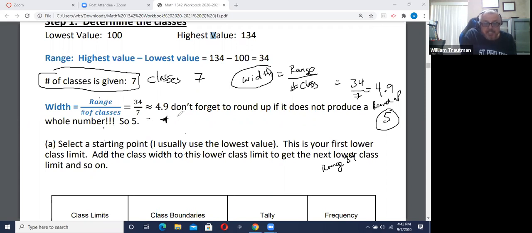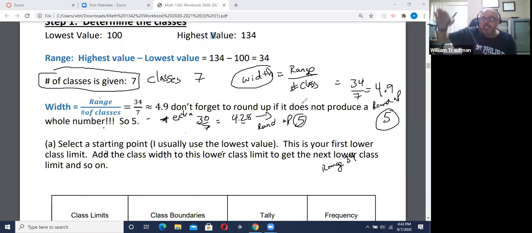So this is extra, this is not part of the problem. I get 4.28 on my calculator. You still round it up. Even though the next decimal is a 2, you still round it up to 5. You always round it up to the next whole number when you're doing the width of the class, okay?